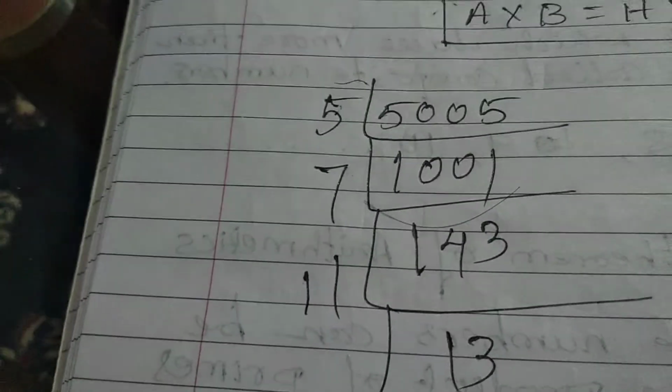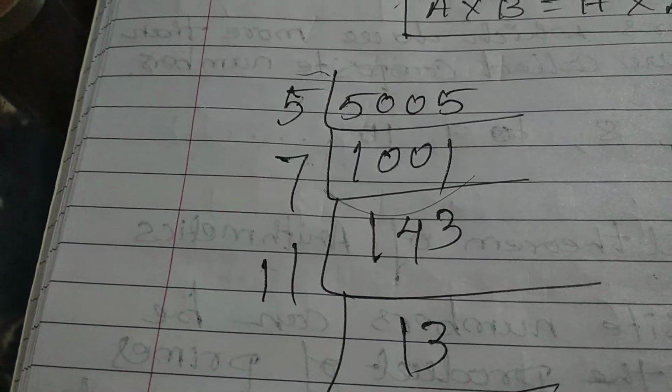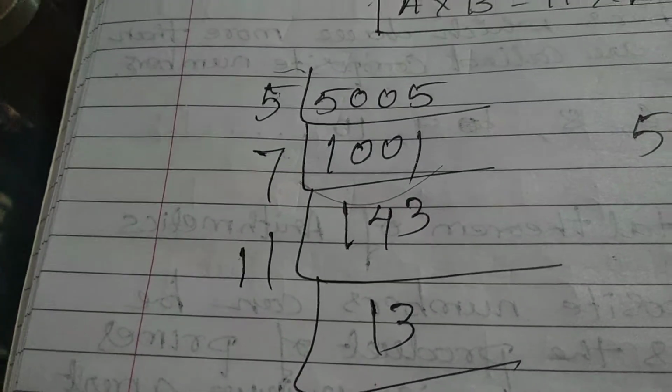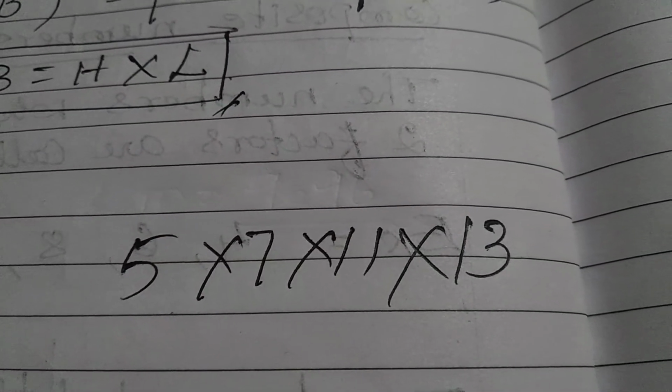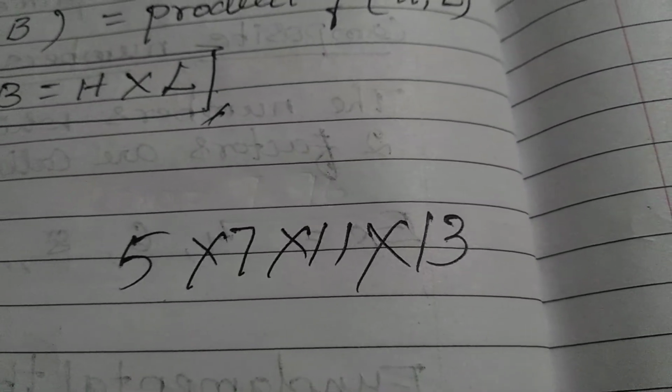Then 5005: from 5, 1001, from 7, 143, from 11, 13. So 5 into 7 into 11 into 13.